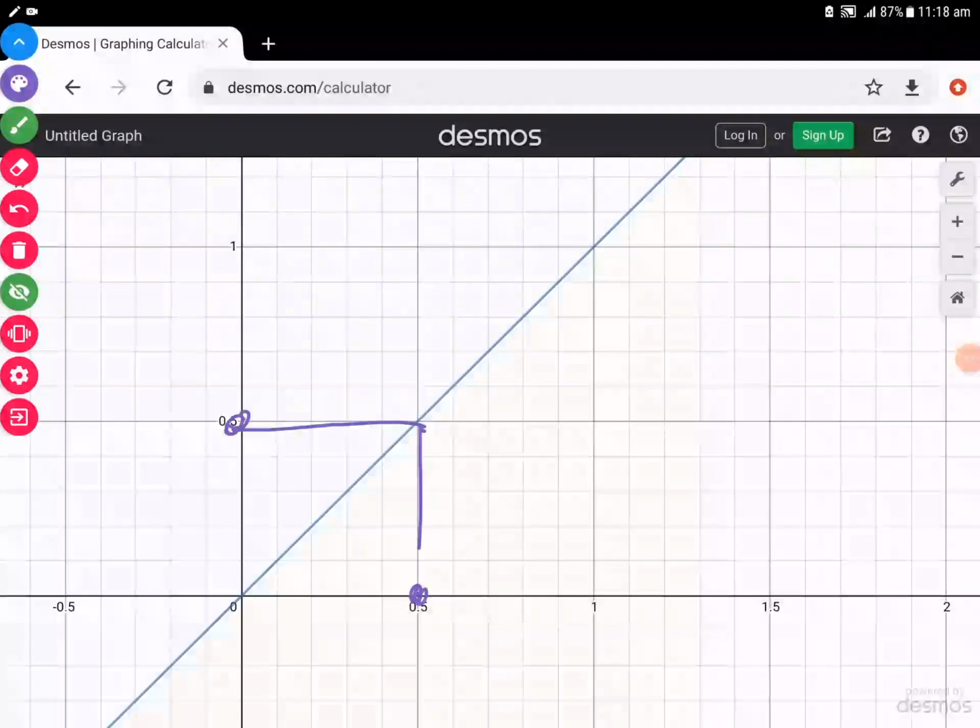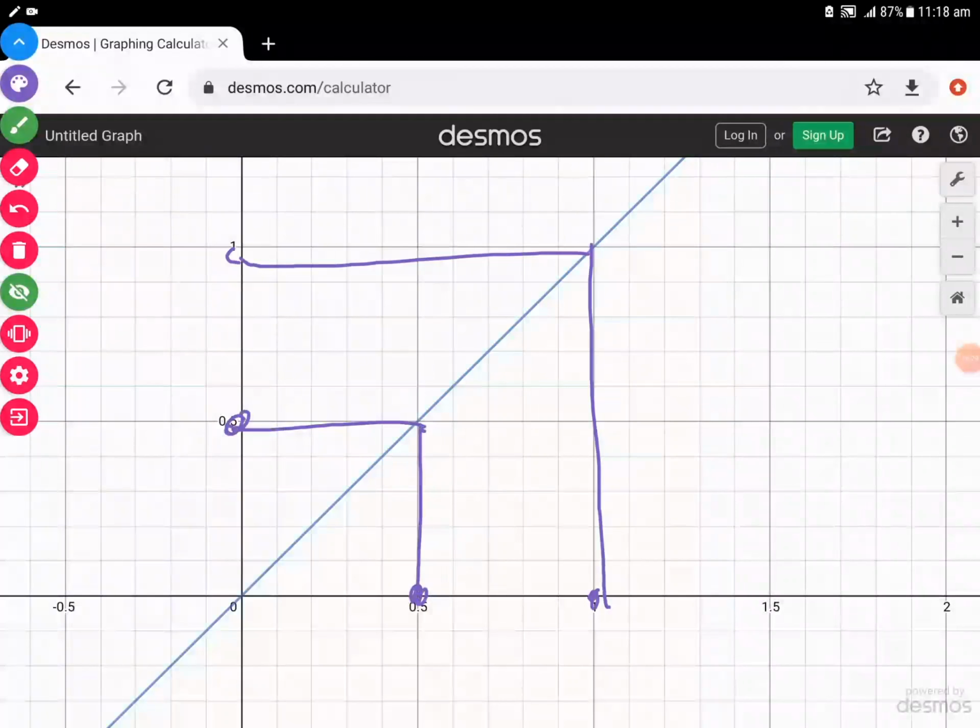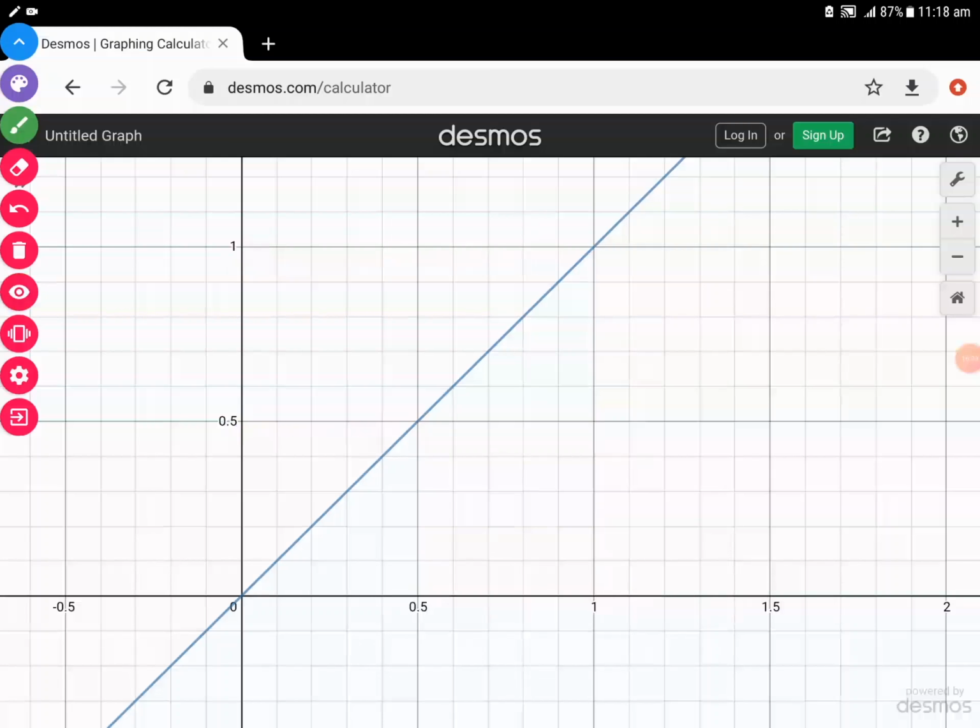When x is 1, y is also 1, or f of x is also 1. So f of x is equal to x, the input is equal to the output. Now what is the slope of the tangent at these points? Let us check.